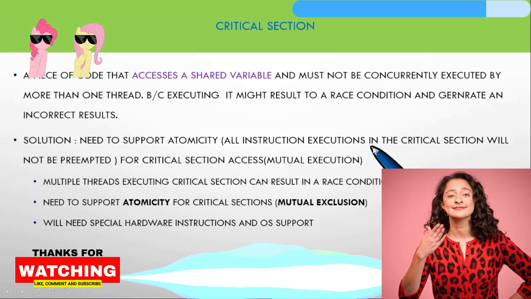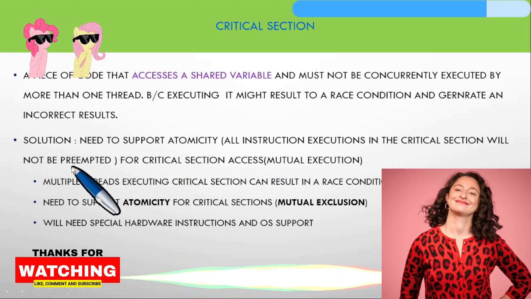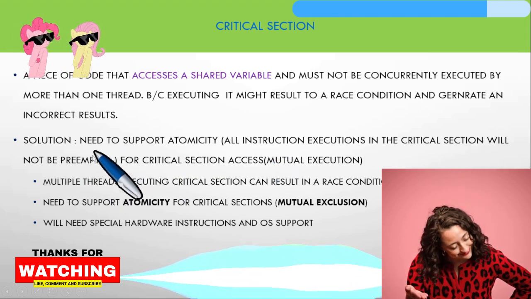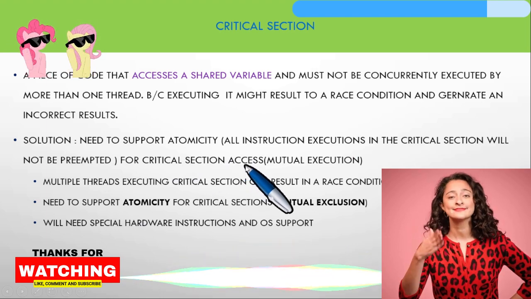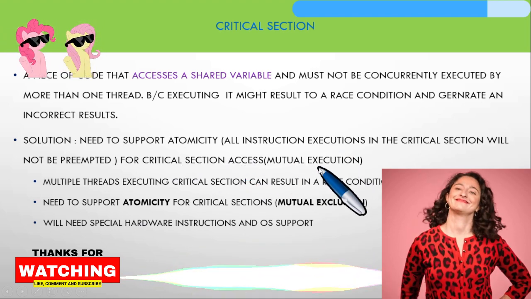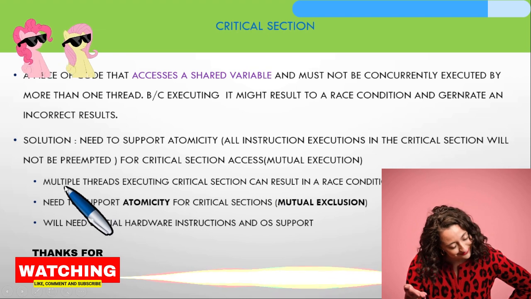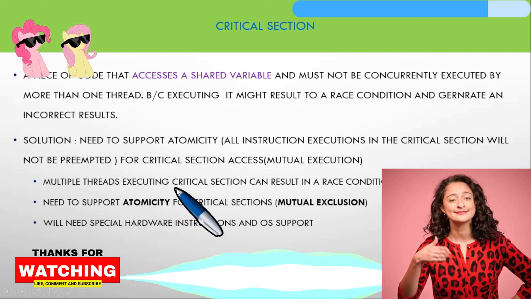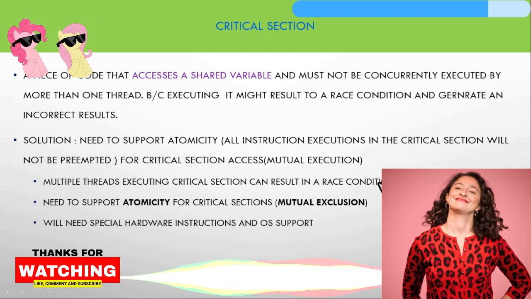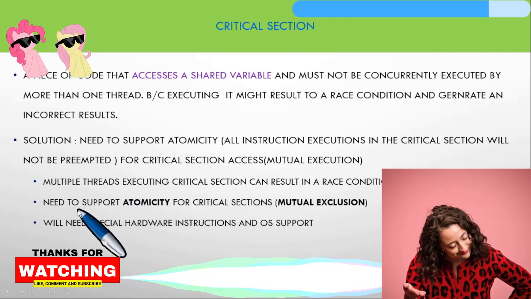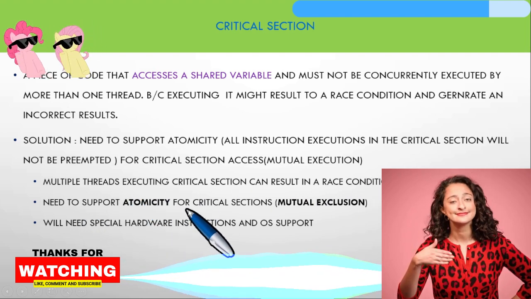All instruction execution in the critical section will not be preempted. This is the first. For critical section access, mutual exclusion should be applied. Multiple threads executing the critical section can result in a race condition again, so we need to support atomicity for the critical section.